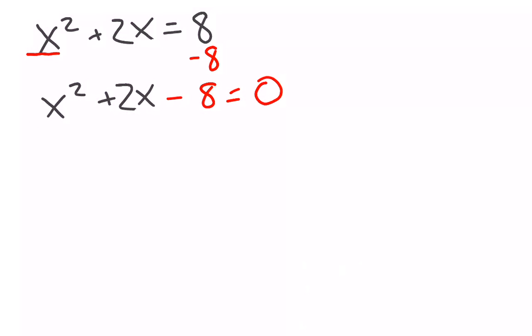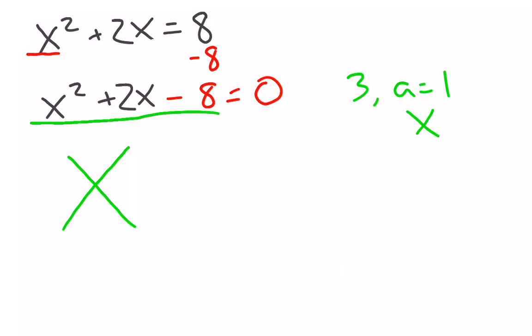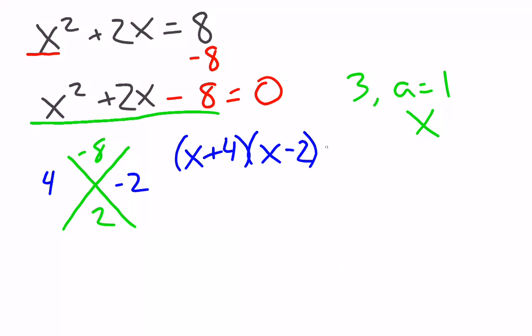Then I see, how can I factor this? Well, I have 3 terms. A is 1, so I'm going to use my x factor. What multiplies to negative 8 and adds to 2? 4 and negative 2. So my factored form would be x plus 4 times x minus 2 equals 0. Then I set each expression equal to 0.